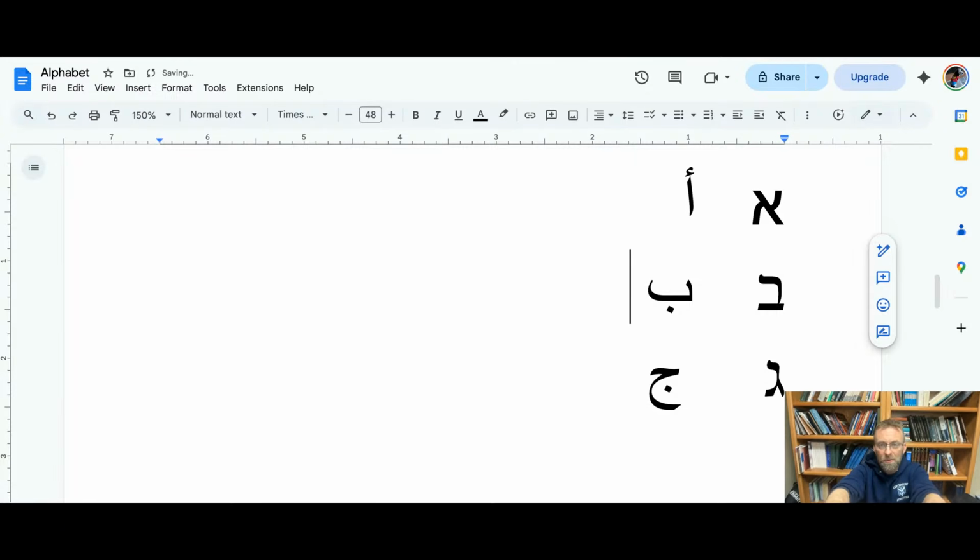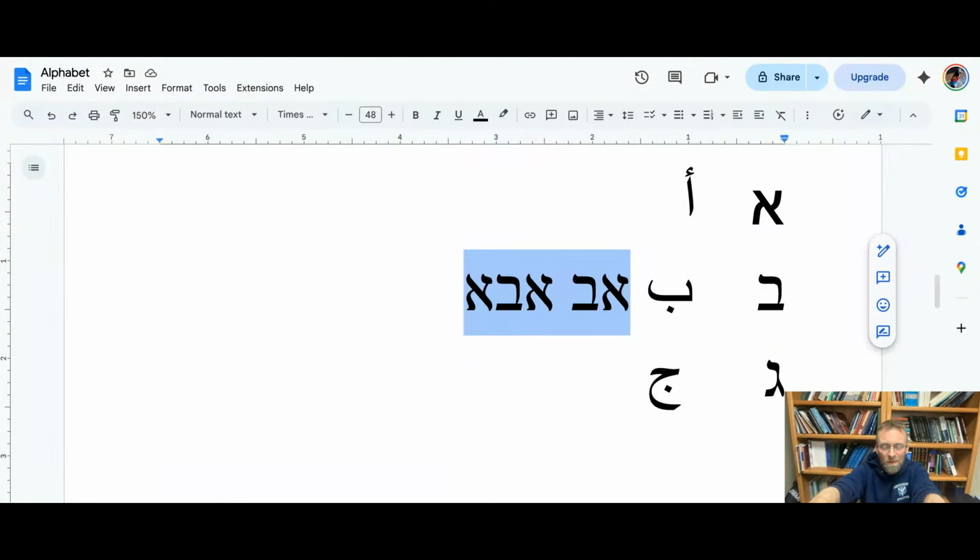For instance, that's pronounced av, but this is pronounced abba. Both are unvocalized. Here it's pronounced as a V, here it's pronounced as a B. It's not important that you know why right now. You just need to understand that when you see this letter and there are no vowels present, it can be B or V, and you just have to learn the vocab.